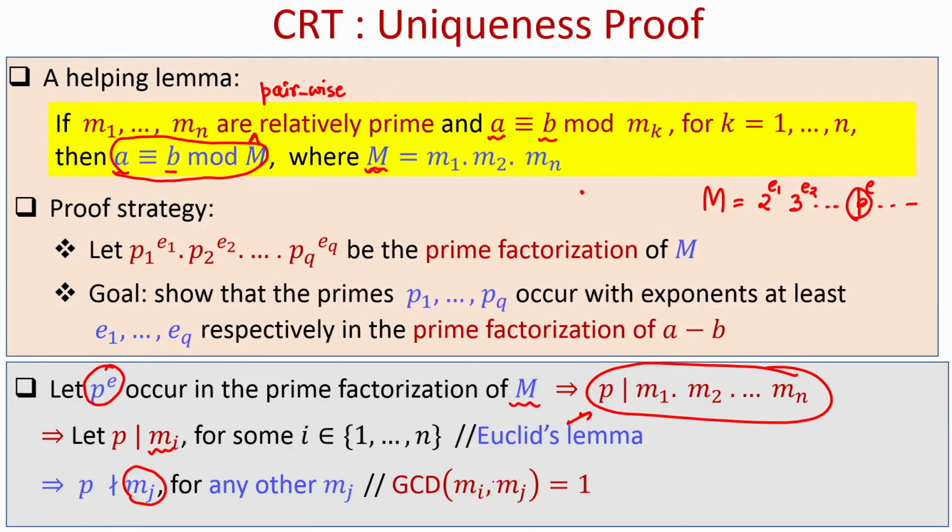That means, there can't be any other modulus mj such that p divides mj as well, because if p divides the other modulus mj as well, then I already have the fact that p divides mi, and I will get the conclusion that there is a common divisor other than 1, namely the prime number p, which divides both mi and mj, and which goes against the assumption that my moduluses mi and mj are pairwise prime, right.